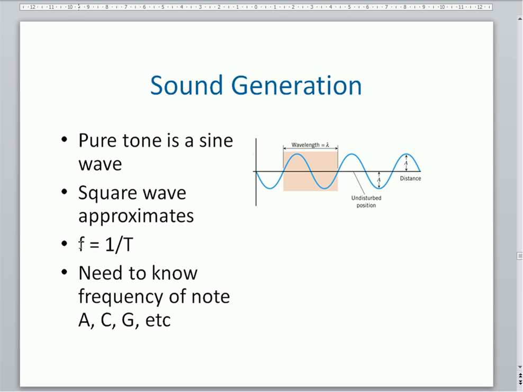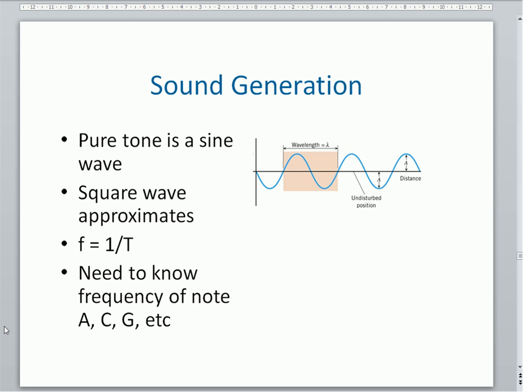Remember that frequency is 1 over the period. So if you know the frequency of sound you want to produce, say 200 hertz, then the period is 1 over 200 hertz. If you want to do music, you should know the frequencies of the different notes, A, C, G, etc. And that's it for sound generation.